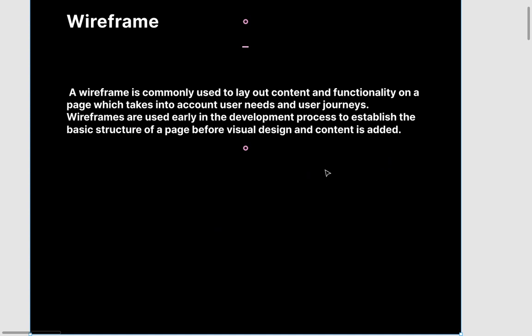It's to create a layout of this particular platform, site, web page, screen, mobile app. So you're creating a layout that shows how your content should look or how the functionality of the app would be like.